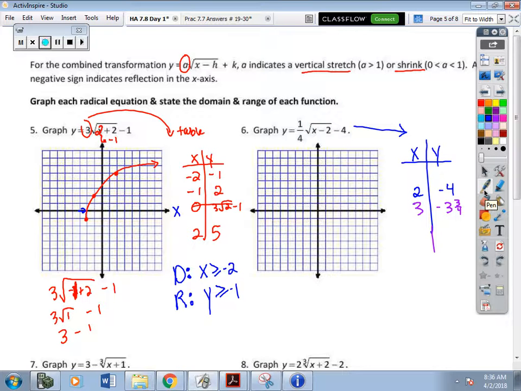Garrett? 6. He's figuring this out because 6 minus 2 is 4, and he knows the square root of 4. The square root of 4 is 2, so this would be 1/4 times 2 minus 4. This would get me 1/4 times 2 is 2/4, which is also 1/2, minus 4, which will get me negative 3.5.